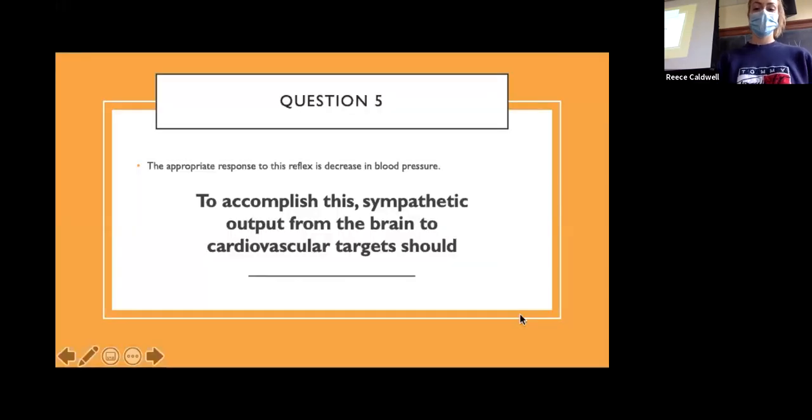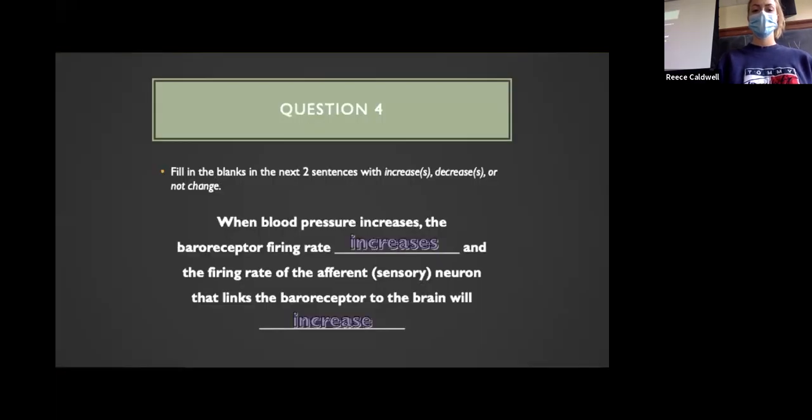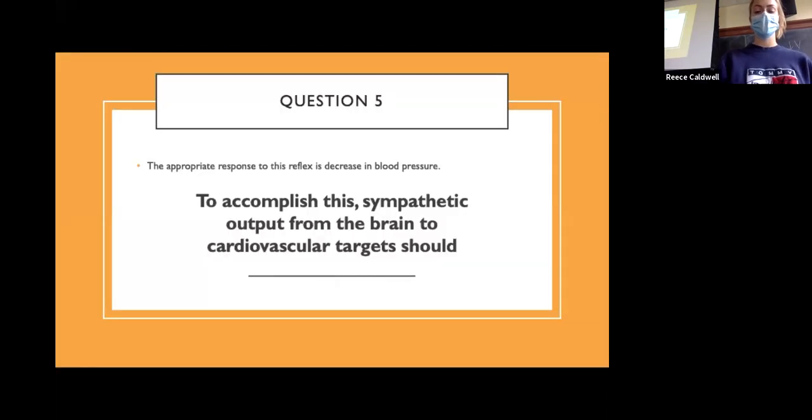All right, so question number 5. To accomplish a decrease in blood pressure, sympathetic output from the brain to the cardiovascular targets should decrease. The appropriate response to this reflex is a decrease in blood pressure. Okay, so I guess 4, 5, and 6 kind of go together.